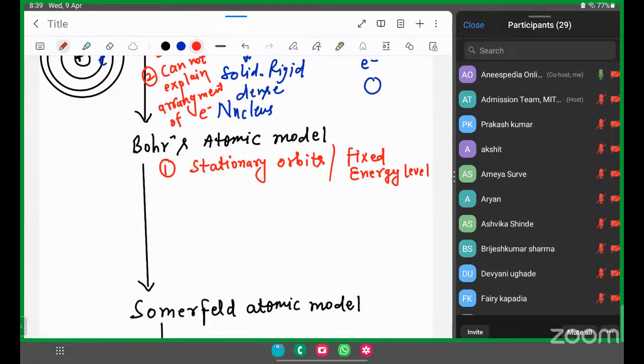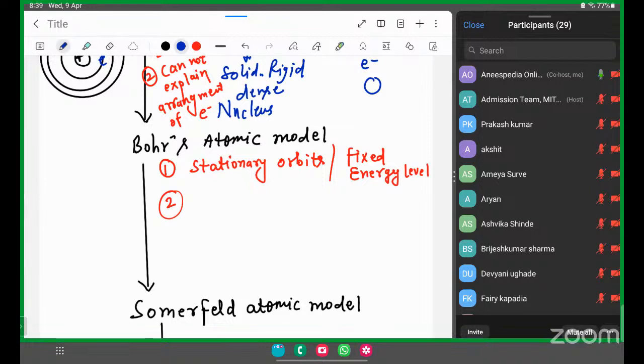This is first postulate. Second postulate in Bohr's atomic model is that if an electron jumps from one shell to another shell, it cannot be done by the electron by itself. If electron is going from one energy level to another energy level, certain amount of energy must be given to the electron, and then electron will move from low energy level to higher energy level, and in higher energy level it will remain for some time, and after some time it will again come back to its lower energy level.